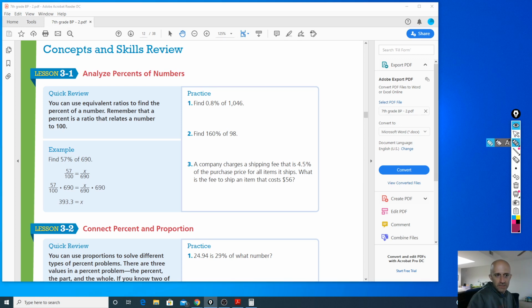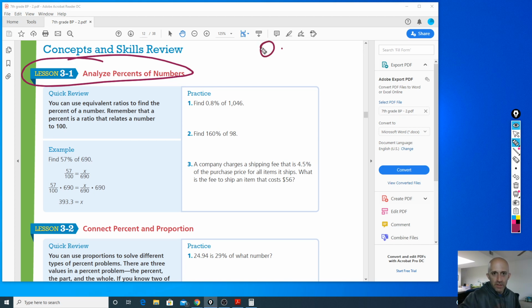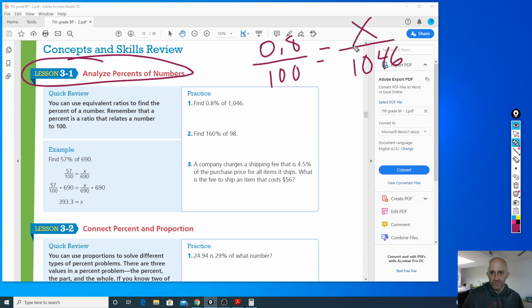So in this instance, I'm going to move to the questions real quick to finish this part 3.1 right here. Again, just showing it in a proportion way of doing things. So if I were to say, find 0.8% of 1046, if I were to set this up as two equivalent ratios, 0.8 over 100 is x over 1046.